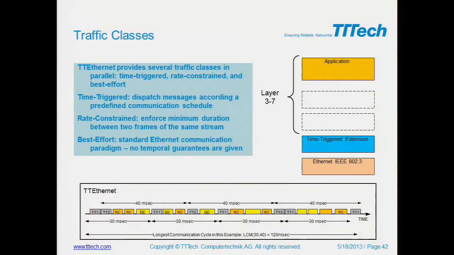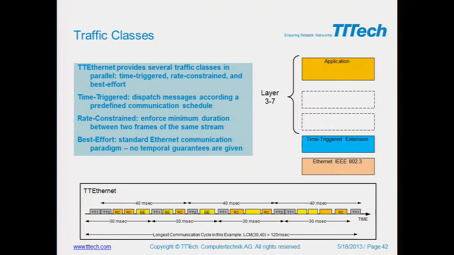As you can see, the time trigger slots are very well assigned, and they always occur in the same way at the same cycle, but all the rest can occur whenever, right? So you can think that there is a layer of application which is sitting on the time trigger extension of Ethernet. So there is a basic protocol. On top of it, there is a protocol which is time trigger. And on top of it, there is all the application layer.